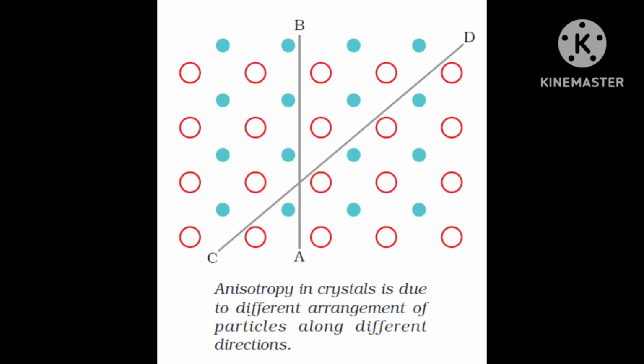If the three-dimensional arrangement of constituent particles in a crystal is represented diagrammatically, in which each particle is depicted as a point, a particle you can tell as a point, one point means one particle, then the arrangement is called crystal lattice.